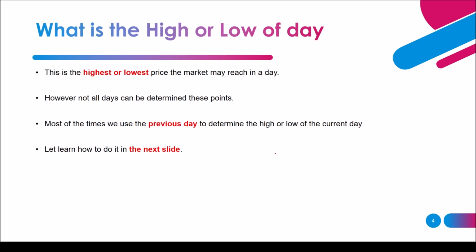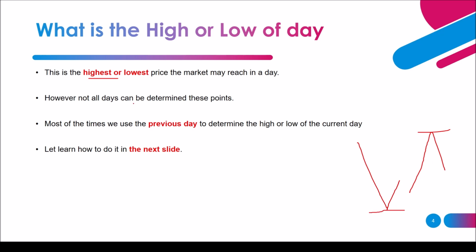So what is the high or low of day? This is the highest or lowest price the market may reach in a day. That is, if we were in a downward trend, there will come a time where the market will actually make a reversal. If we're in an upward trend within that particular day, we are talking of intraday moves, there comes a time where the market will actually reverse.